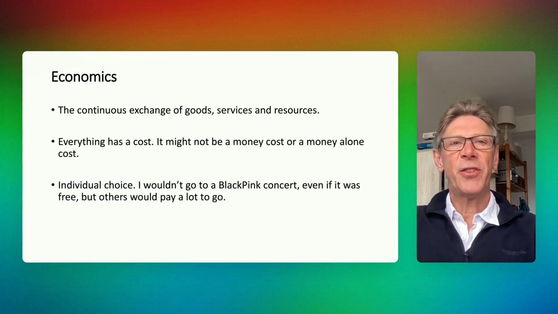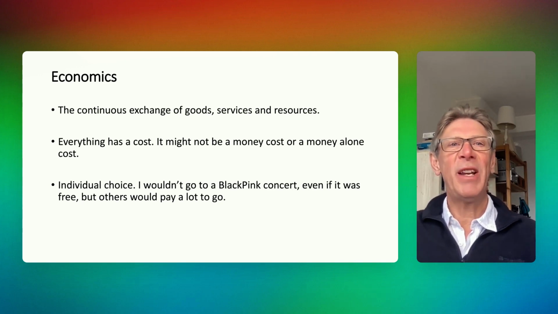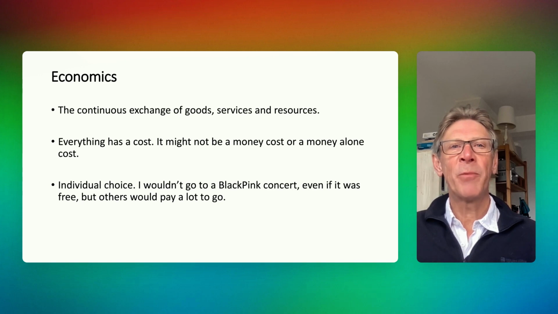That first sentence, economics is the continuous exchange of goods, services and resources. That's a fairly scary sentence. All it's really saying is economics is about when you buy and sell things. They might be bars of chocolate in a shop, that might be services, you pay for a teacher.